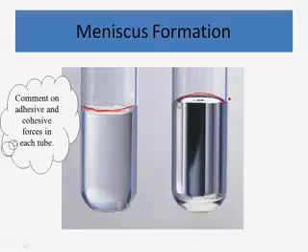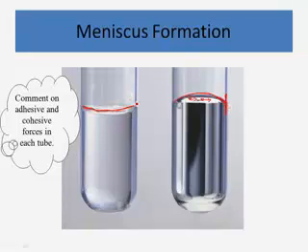And so if you think about it, it's similar to the previous example we had. Here, where we have a convex meniscus, the forces between the molecules themselves of this liquid are stronger than the forces between the liquid and the walls of the container.